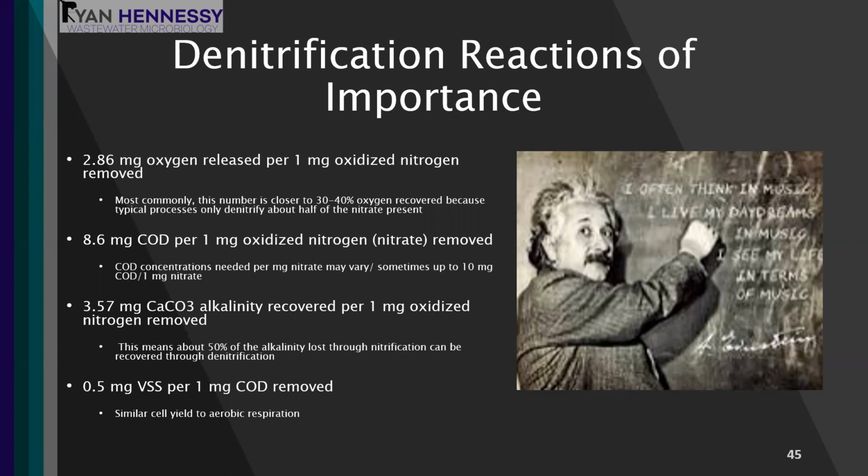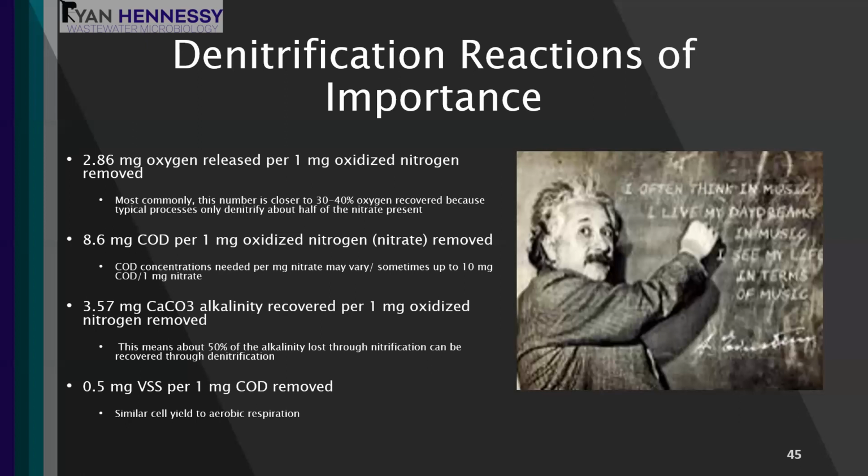You need something driving the oxygen uptake rate of the bacteria in order for them to deplete all the free dissolved oxygen and begin to work on the nitrate. In general, about 8.6 milligrams COD is needed per every milligram of nitrate that you want to remove and turn into gas. But that can vary a lot depending on individual circumstances.